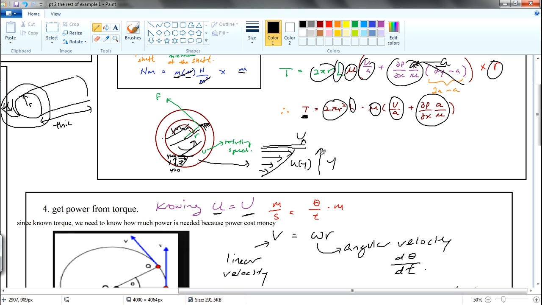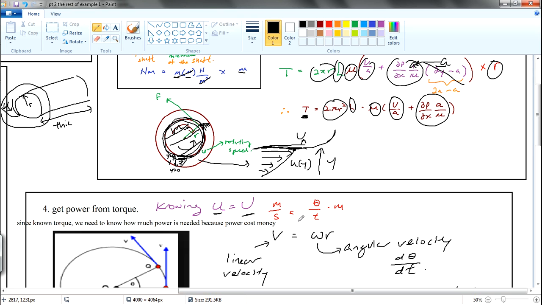So knowing u is equal to u, in this case we're talking about this contacting point, this point throughout the whole shaft. This is the point where it is turning, where the torque is being applied throughout.